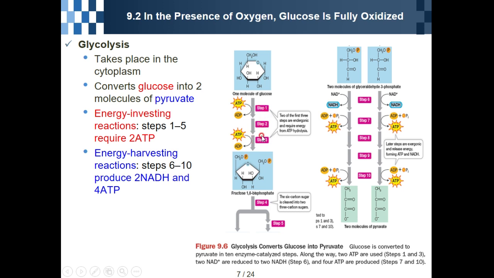After 3 steps are finished, it will make fructose 1,6-bisphosphate. Today I will not teach you the detailed information, but the important thing is that glucose is changed to fructose 1,6-bisphosphate. It means that 2 ATP are used during steps 1 to 5.